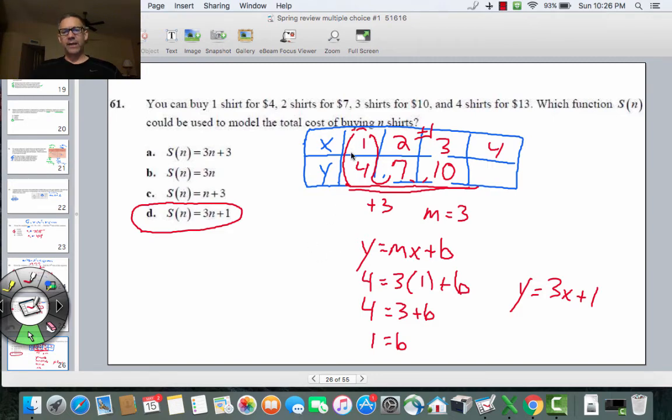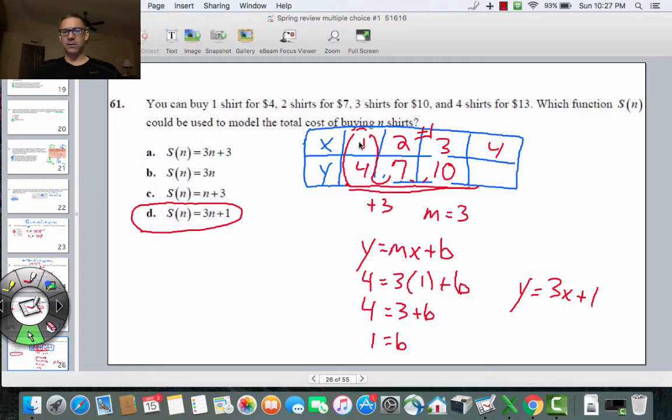This one I probably would make a table. So 1 shirt is $4, 2 shirts is $7, 3 shirts is $10, and you can tell that the dollar amounts are going up by 3, and the number of shirts are going up by 1. So that means there's a slope of 3 over 1, or 3. And then you can plug in one of the points.